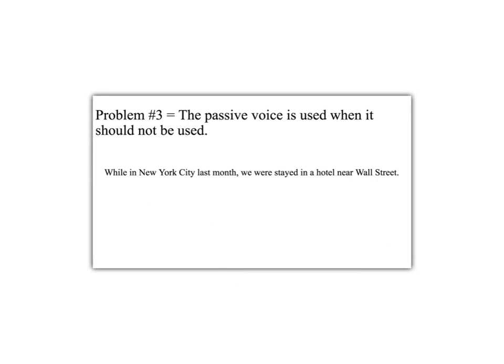The third most common error in using the passive is the opposite of number 2. It is when students or writers are using the passive voice when it should not be used. Here is an example. While in New York City last month, we were stayed in a hotel near Wall Street. Here is our subject, we.